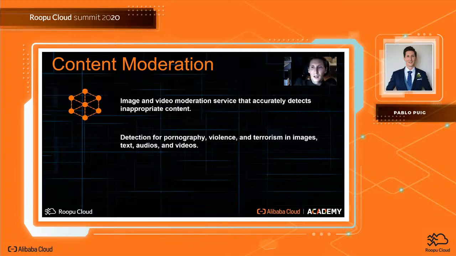It is, for example, commonly used to recognize pornographic, violent scenes, terroristic scenes, or other sensitive content types. Another cool thing is that this service can also detect advertising images, such as logos and QR codes.